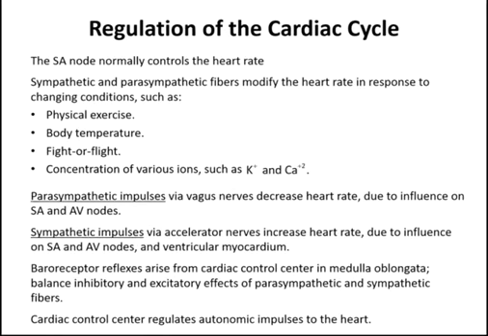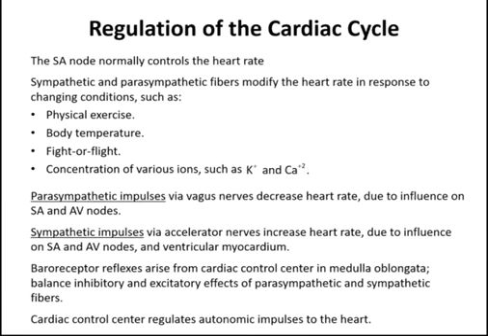Things that are influencing it, not controlling it directly, but more like an influencer, will be some hormones potentially, but we also have the sympathetic and the parasympathetic neurons coming out of the central nervous system that can modify your heart rate in response to certain condition changes. Physical exercise is going to stimulate your heart to beat in a certain way.